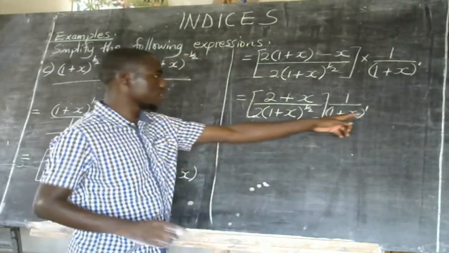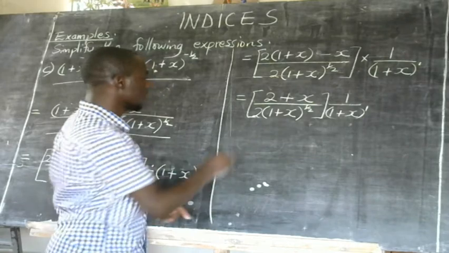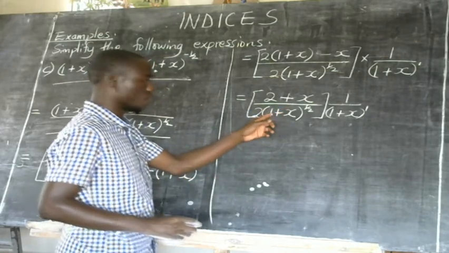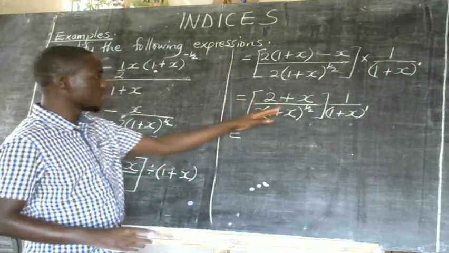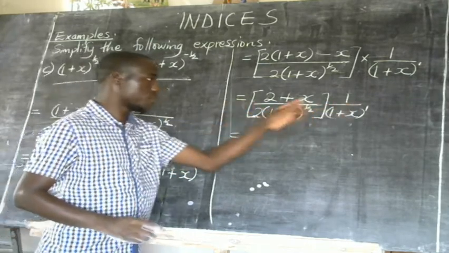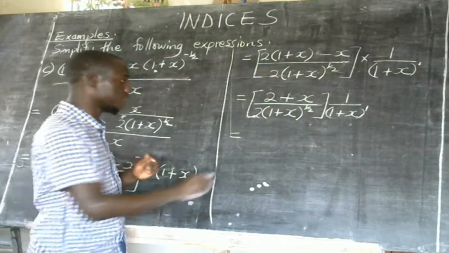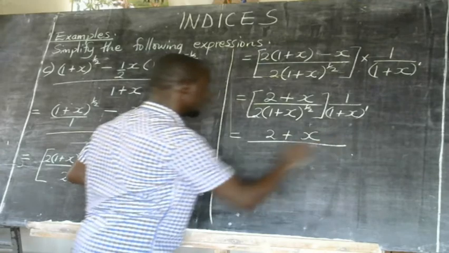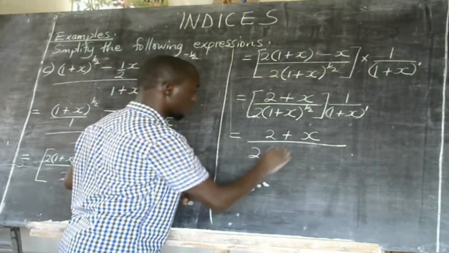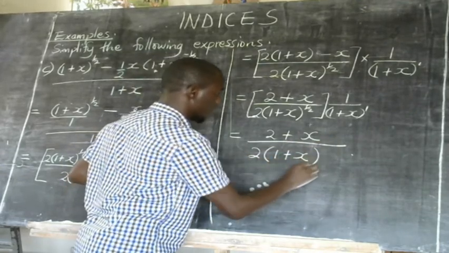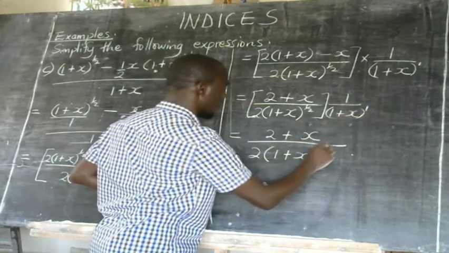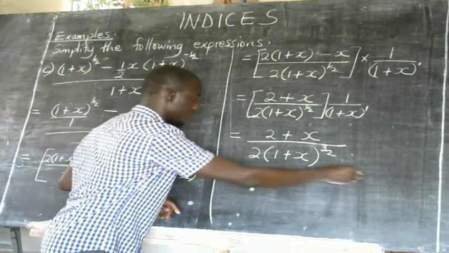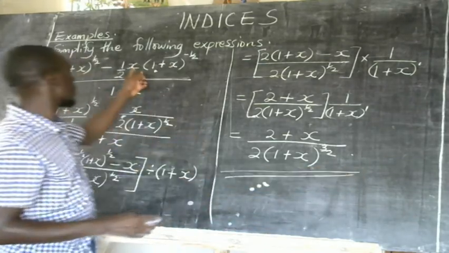So in the denominator, this times that, it's the one that is going to give us keeping the base of 1 plus x. Then you add those powers, 1 plus a half. So this is going to be 2 plus x, then divide by 2 into 1 plus x. When you add a half to 1, you'll be having 3 all over 2 there. So I have simplified this expression.